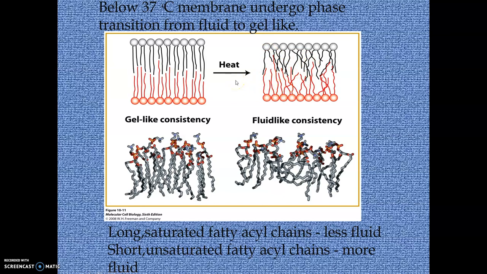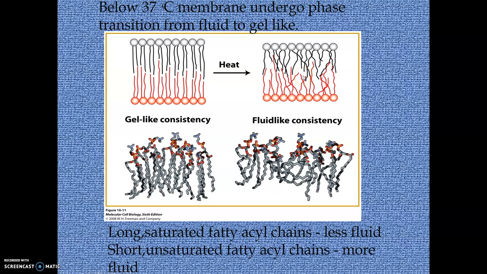So what is the condition that made them appear distorted? It is the heat. That is, when heat or the temperature increases, the fluidity increases. Here they are closely aligned and tightly packed. When temperature increases, the tails become far apart, they become distorted, and the space between them increases and it becomes more fluid.